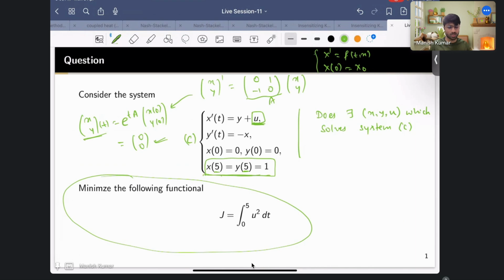That is the purpose of control. We add something, called input, so that the trajectory behaves as per your demand. We have already discussed this kind of example related to control problems.